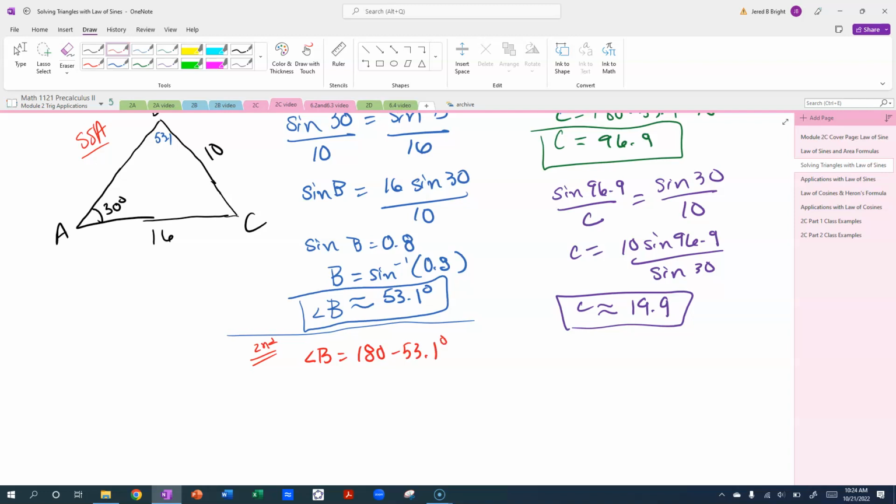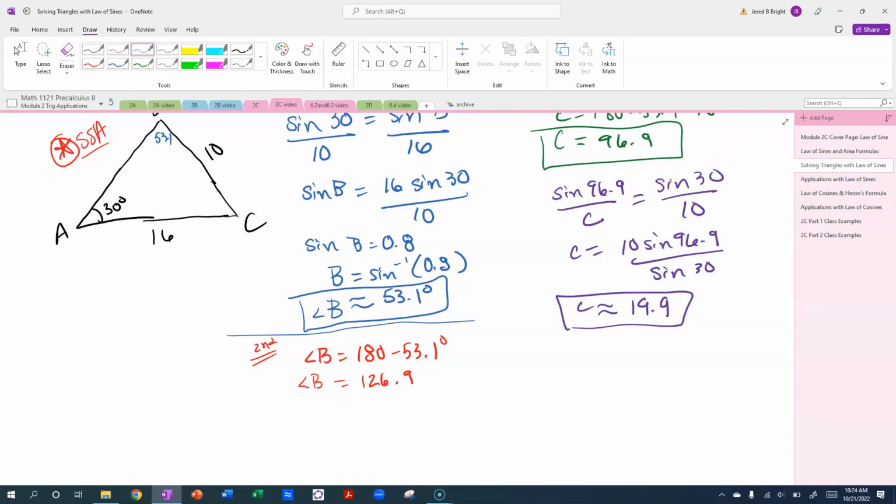And this you'd have to check any time you have the side-side-angle criteria. So always check for two triangles. So here, if you do the 180 minus 53.1, you get 126.9. Okay, and how you know it fits is if you can find that third angle.